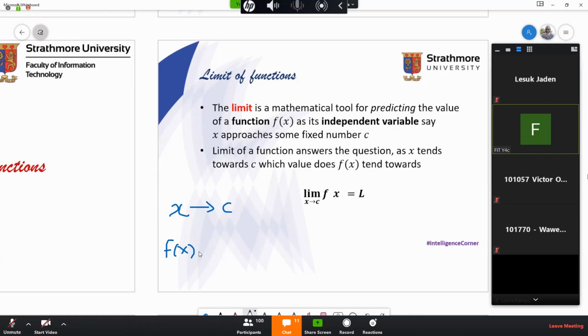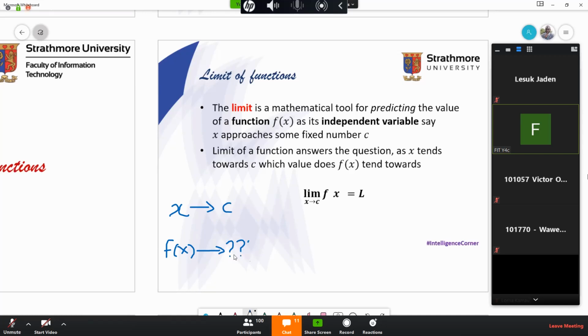So if X is moving closer and closer to 2, this function is getting closer and closer to which value?